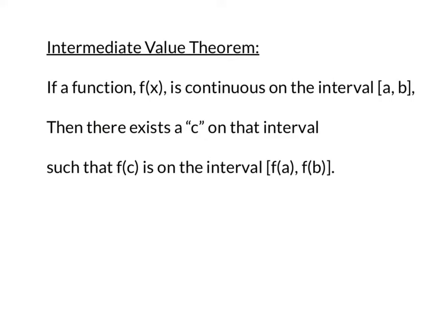So the actual intermediate value theorem says that if f of x is continuous, and that continuous part is very, very important, if f of x is continuous on the interval from a to b, then there is some c on that interval from a to b such that f of c is in between f of a and f of b.